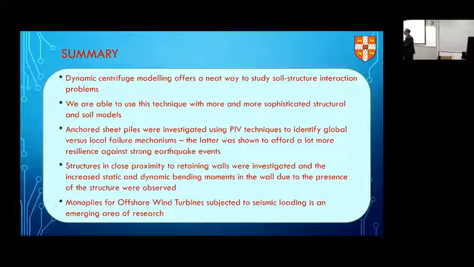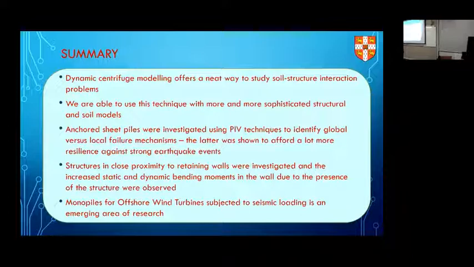Structural damping is of the order of less than 1% normally for steel structures, about 5% for concrete structures. The amount of damping in soil is anywhere between 10 to 20%. So the structural damping is just drowned by it. The radiation damping, I did some calculations early on, which show that the radiation damping you get is of the order of about half to 0.75%. Okay, so yes, it is present.